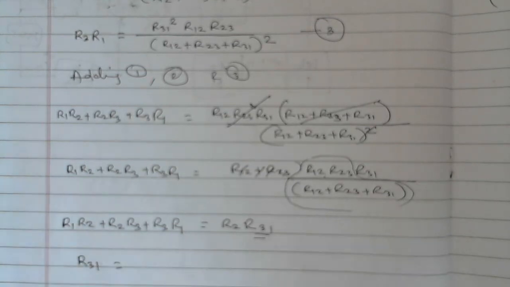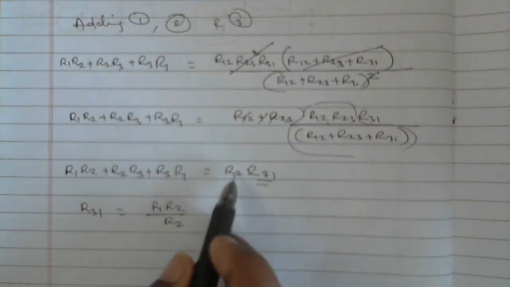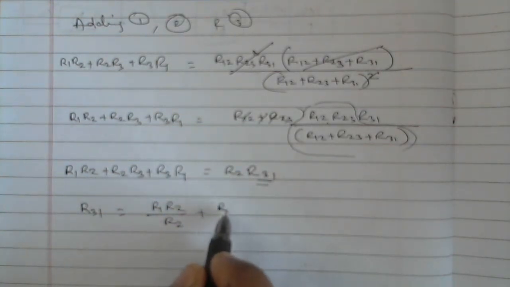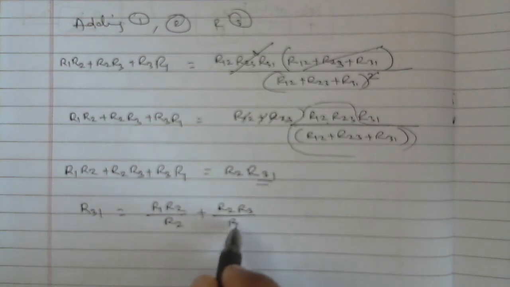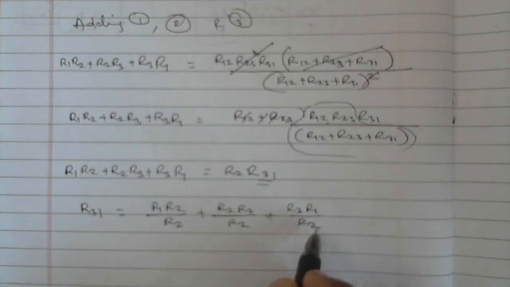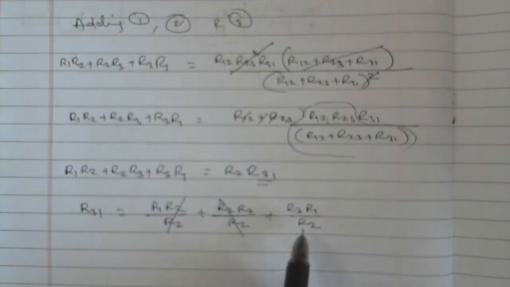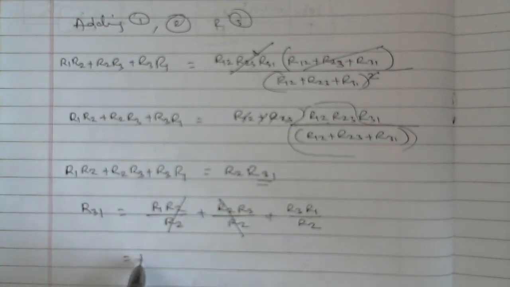R31 equal to R1 R2 by R2, this R2 will come in the denominator, plus R2 R3 by R2 plus R3 R1 by R2. This R2 and R2 will get cancelled, and this R2 and R2 will get cancelled. Here it will not get cancelled. So it will be R31 equal to R1 plus R3 plus R1 into R3 by R2. This is the R31.